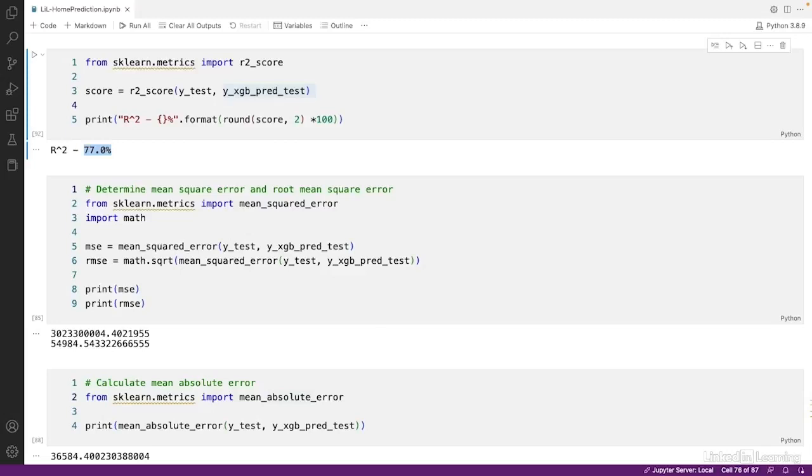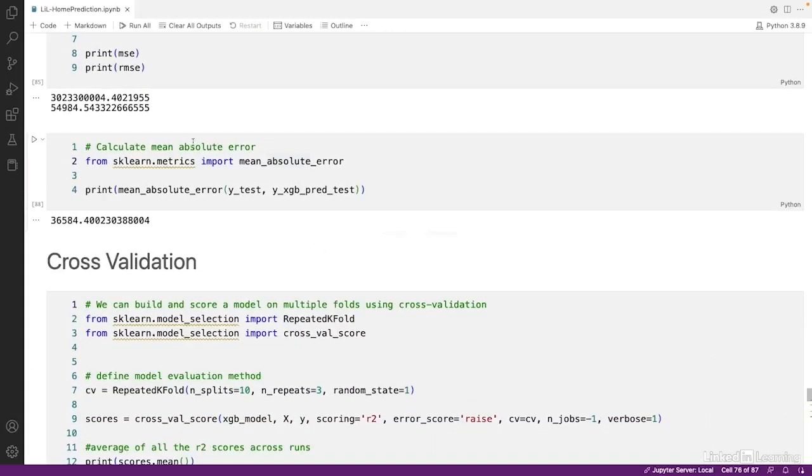Now, let's look at the mean absolute error. You'll pass in the actual and predicted values. Let's scroll down here. Here's the mean absolute error. We're using this mean absolute error function, and notice the number comes to 36,584.